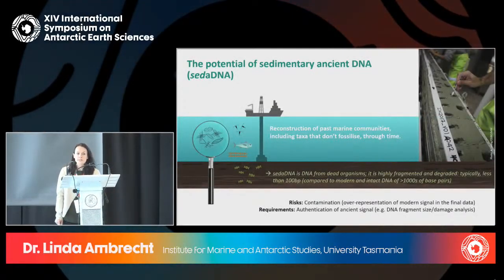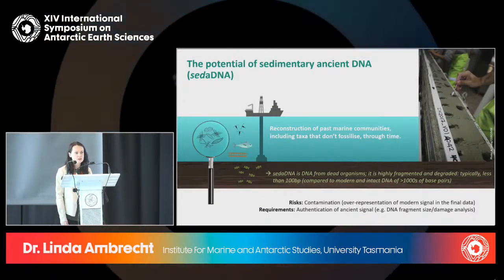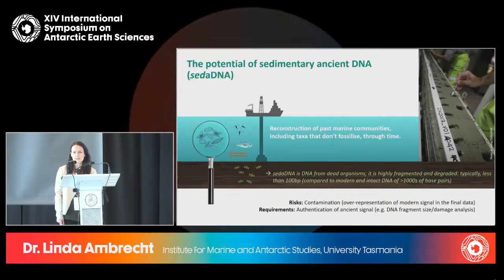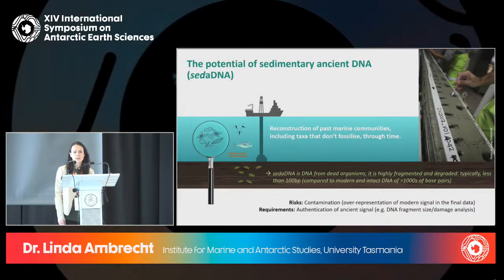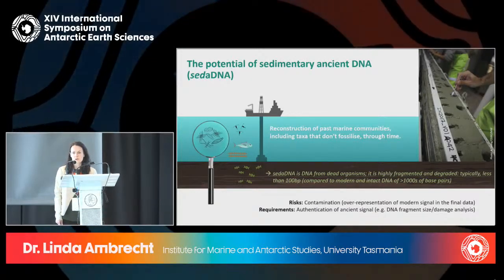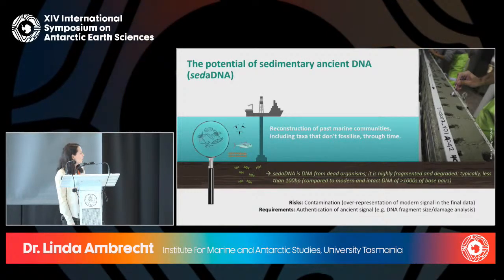So let's start with what is ancient DNA actually. Ancient DNA is DNA from dead organisms. There are lots of organisms living in the sea, and when they die, their remains and their DNA sink to the seafloor, and the DNA becomes preserved there over really long time scales.